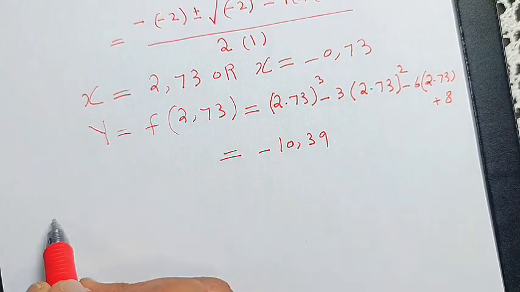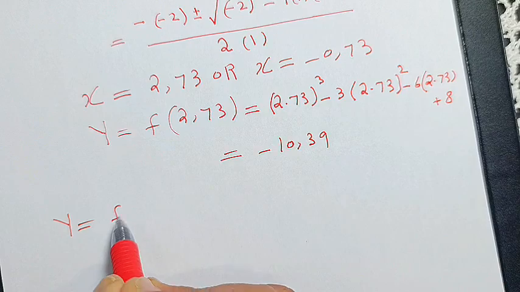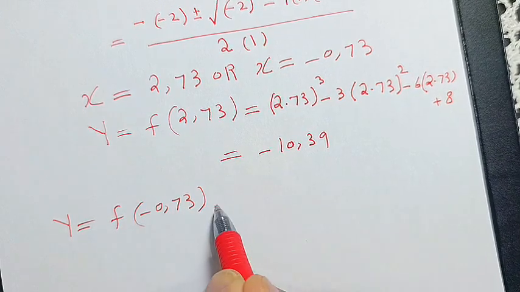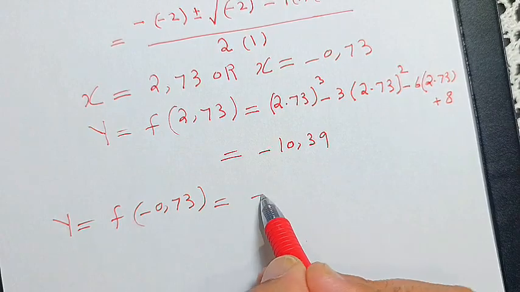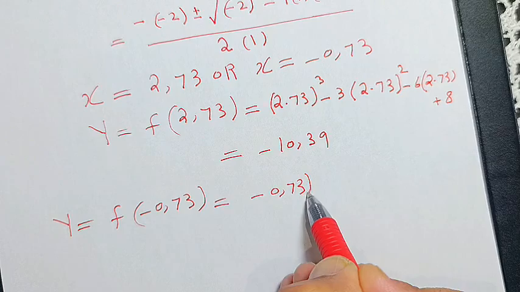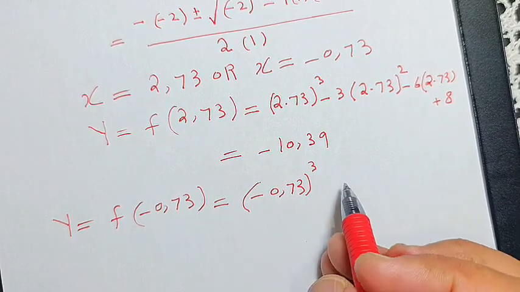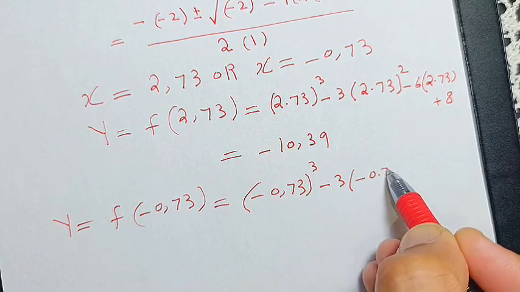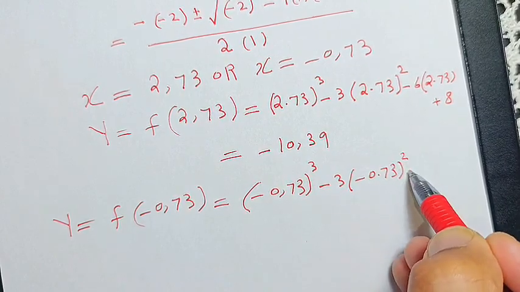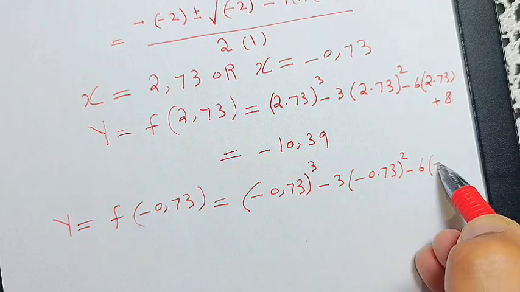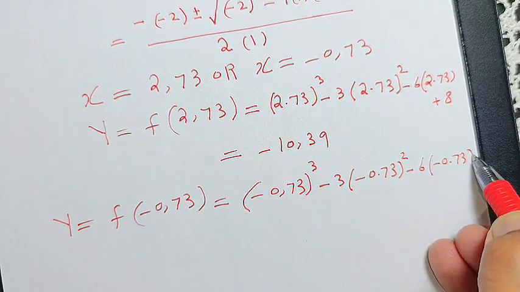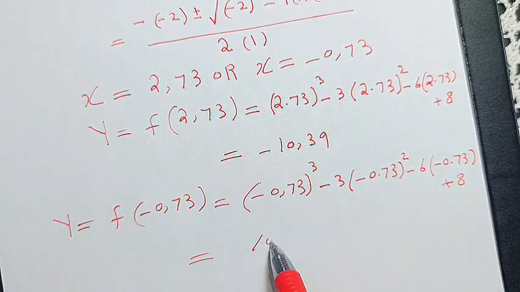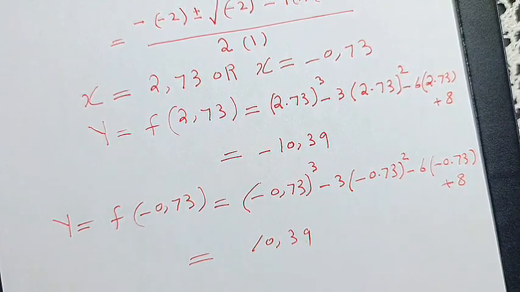And I'm going to use the second x value to find f of negative 0,73. So it's going to be negative 0,73 cubed minus 3 times negative 0,73 squared minus 6 times negative 0,73 plus 8. The answer will be positive 10,39.